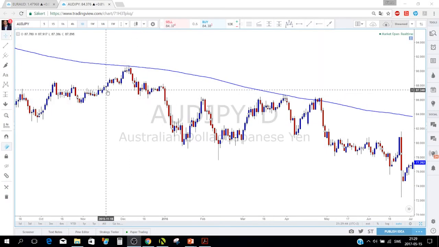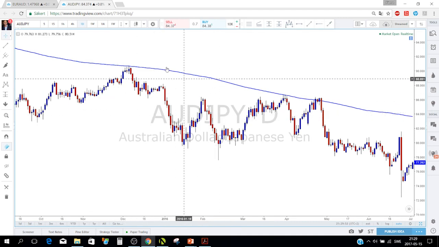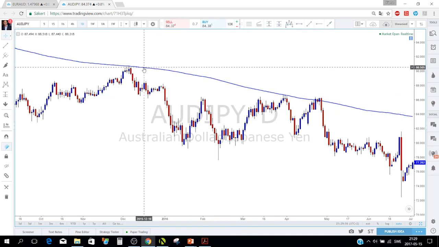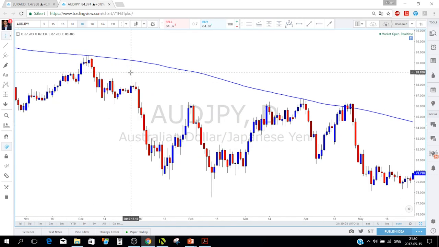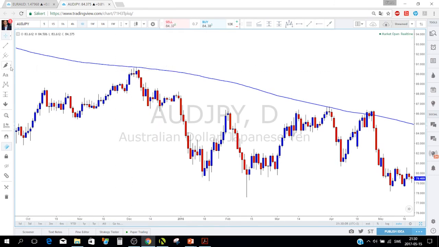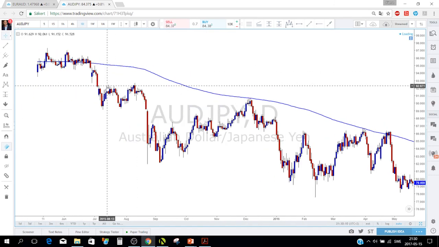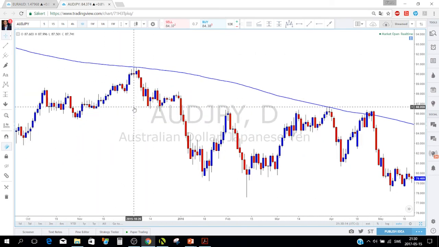So guys, if we look at this pair, the Aussie Yen, this is a daily chart, and we have the 200 moving average that we're going to use as dynamic support and try to find those engulfing pattern entries. And as you see here, guys, first of all, we have a downtrend, and that's a clear downtrend.